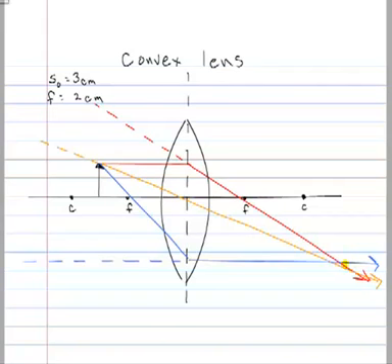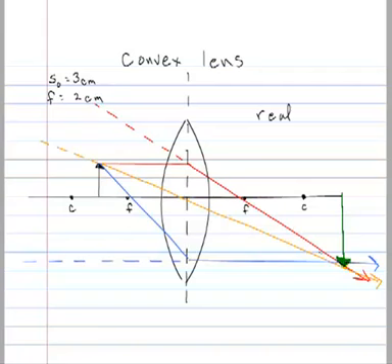Now, if I would have drawn it better, they probably would have lined up pretty good. But the image is going to be at that point, and so I'm going to draw that in green. It goes from where the lines converge up to the optical axis, and the top of the image is where they converge. So we can characterize this image as real because the real light beams converged, and we can compare the size.